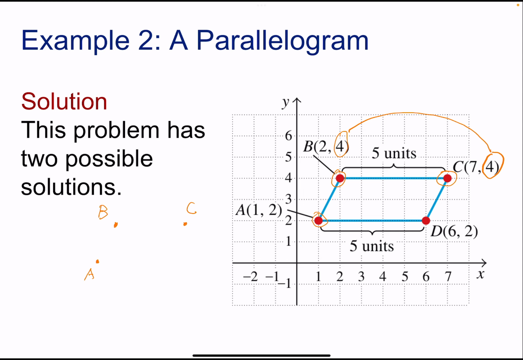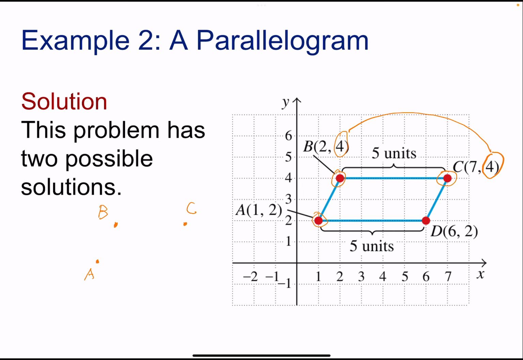Now because we know A, B, C are three vertices of a parallelogram, we need to decide where the fourth vertex is, where D is.